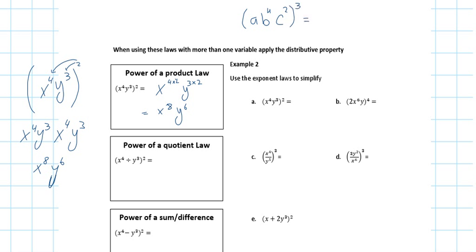What would that be? A to the power of 3, b to the power of 12, c to the power of 6. You see, this is power of 1 here, so you multiply each exponent by the 3. Do we get that? Yeah.